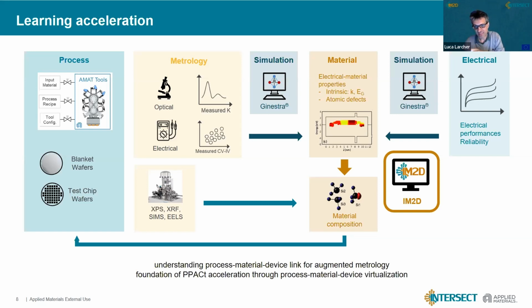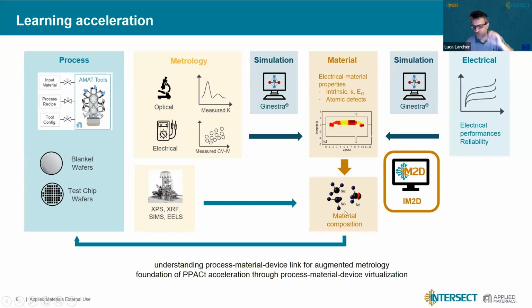But once we have got that through Ginestra, we then need to connect those properties to the material composition. And again, this is the area where this IM2D box comes into play. The combination of the two allows us to process electrical data and get the composition at the end.